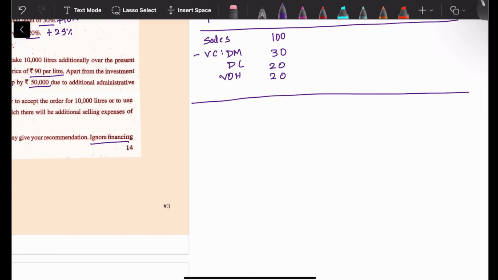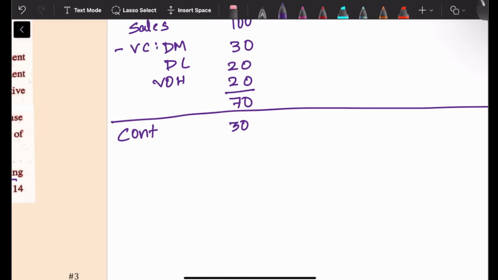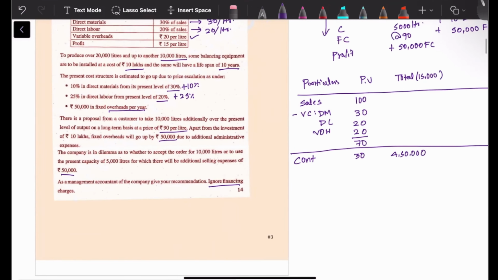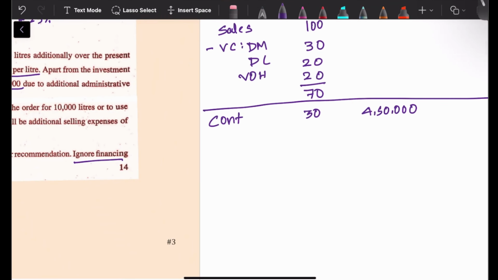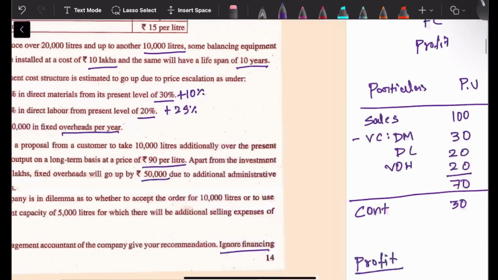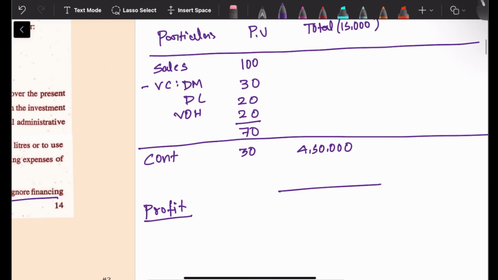So 30, 20, 20, so 70. 70 is my total variable cost. That means my contribution is 30 into 15,000, so 4,50,000 is my total contribution. Then what is my fixed cost? Fixed cost I have to calculate because I know the profit now. My profit per liter is 15 and I am producing 15,000 liter. So 15 into 15,000, 2,25,000. That means my fixed cost is the balancing figure. So this is also 2,25,000.